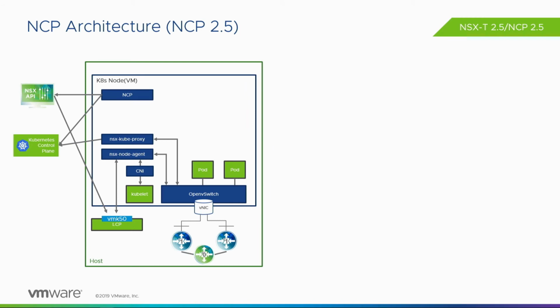In NCP, we make some installation improvement. And why do we say improvement here? So if you have done any installation prior to NCP 2.5, you'll know that there's actually a few steps. And you see the components on the last slide or over this slide. There's multiple components over here, like OpenvSwitch as well as CNI and all this. So there's multiple steps in the installation you need to do.